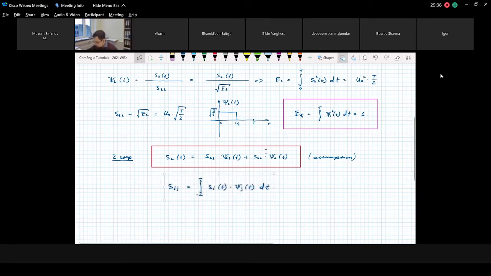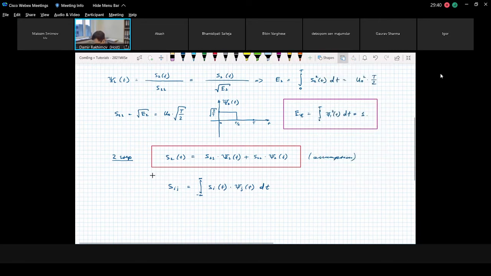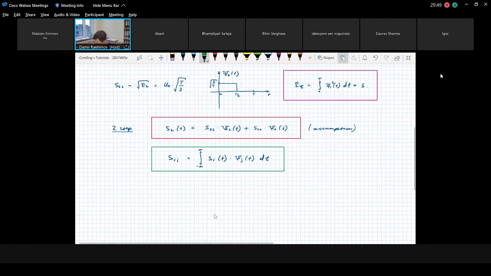Now we just need to substitute indices i and j, and we find the corresponding scalars. Okay, let's do it. What we know about the expression above: we know the basis function psi1, and we know how our second signal looks like.